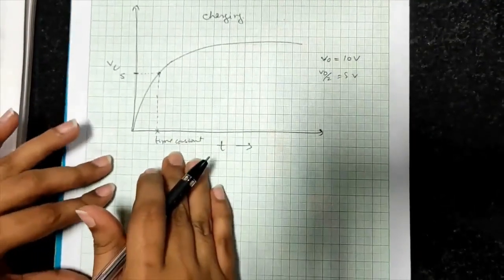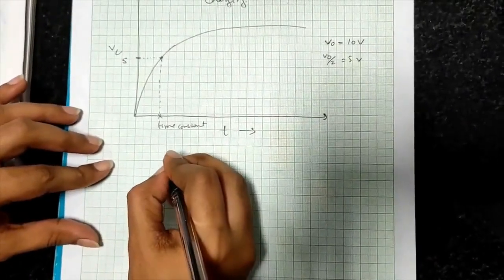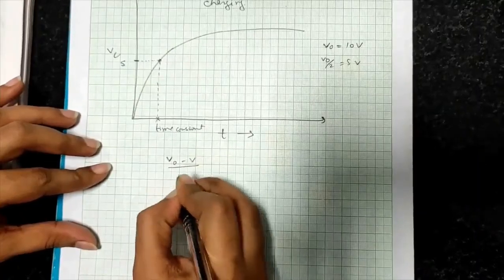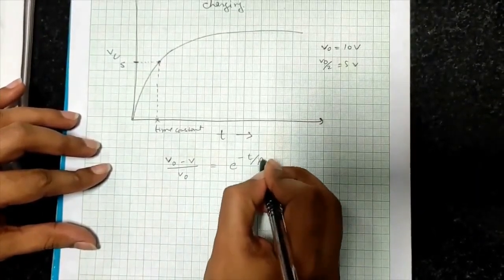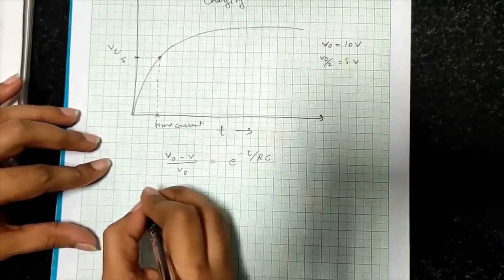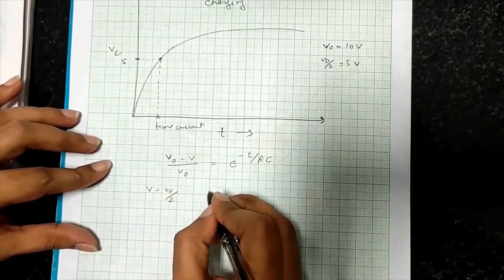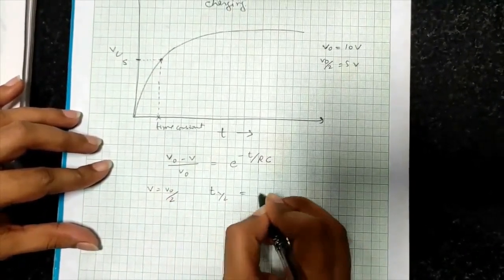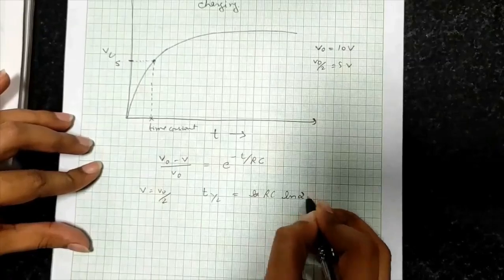This time constant can be calculated theoretically by using a formula, which is (V0 minus V) upon V0 equals e to the power minus t by RC. And by taking V equal to V0 by 2, this formula gets converted into t half equals RC log of 2.